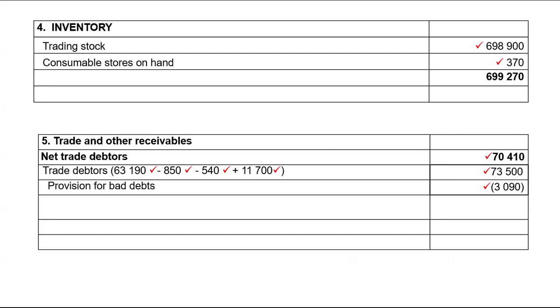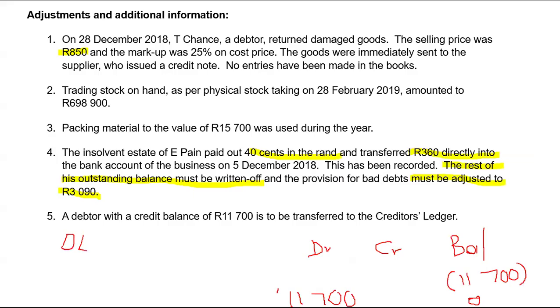I'm going to go back to what I did in the debtors ledger, which is here. This was the debtors ledger. We are done with the debtors ledger, right? We agree that this person is no longer a debtor, is now a creditor, right? Now, since they are a creditor, we are going to record them in the creditors ledger.